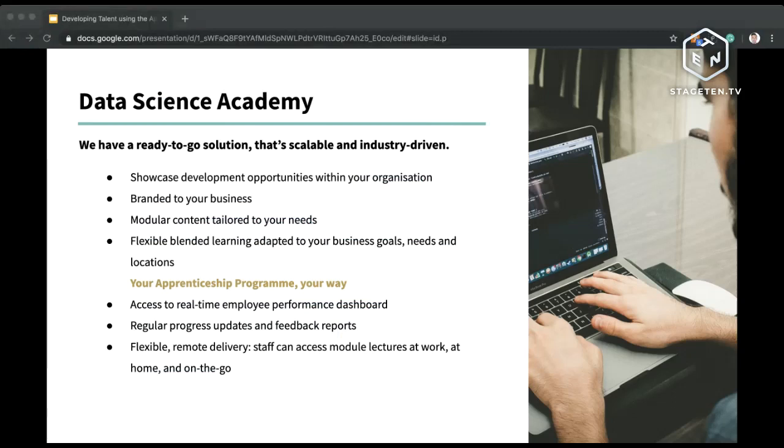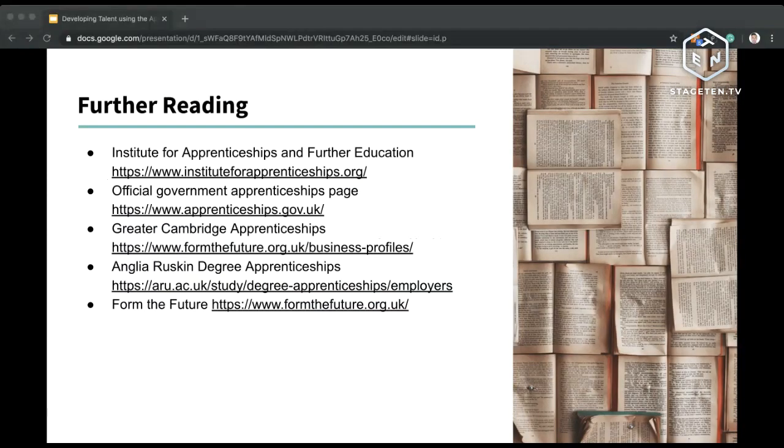The starting point for finding your apprenticeship in whichever subject, whichever profession, is the Institute for Apprenticeships. The starting point for working out how the levy works, how you can recruit apprentices, all of that information is on apprenticeships.gov.uk. For those in East Anglia, please check out the Greater Cambridge Apprenticeships site, where you will get neutral advice about the range of training providers in the area.